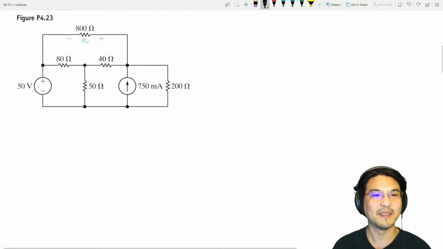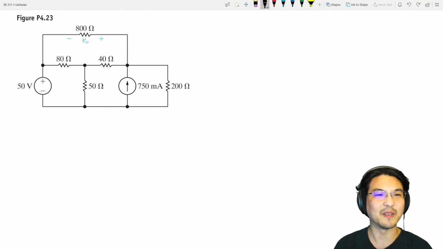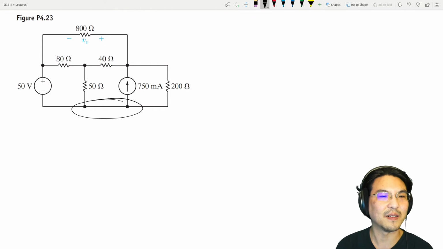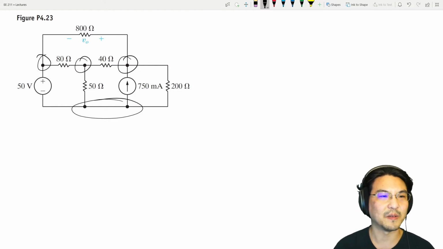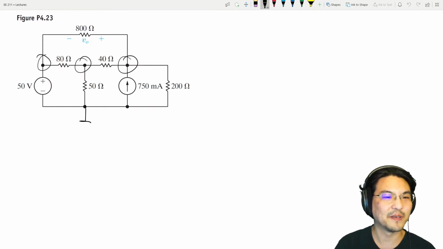Okay, let's say we do the node voltage method. How many essential nodes? Here, here, here, here. 4 of them. So let's say I pick this as my reference, and I'll label the others.